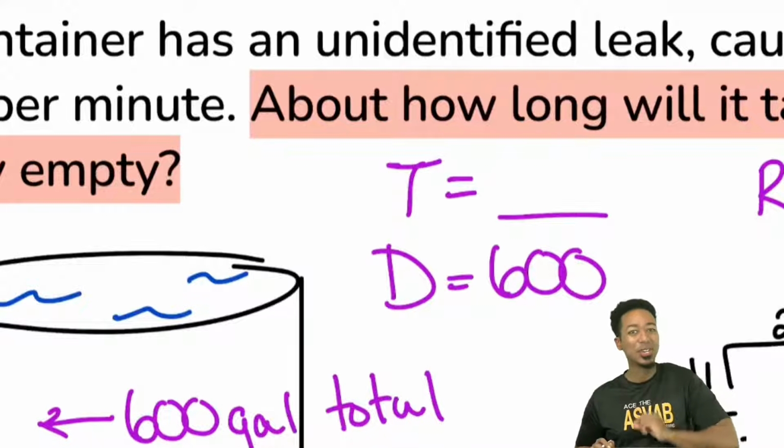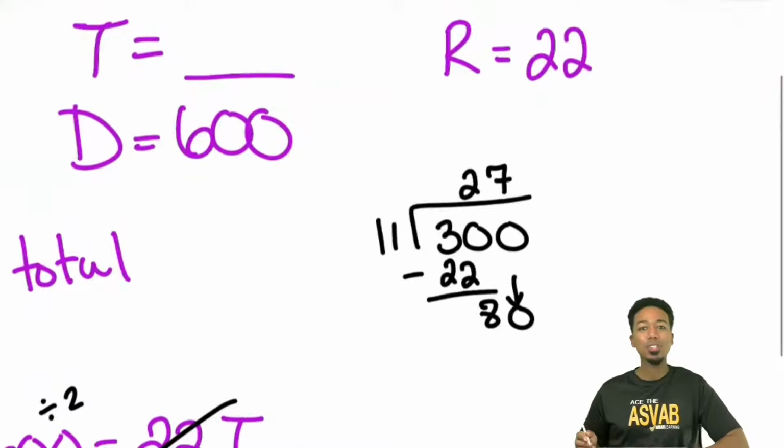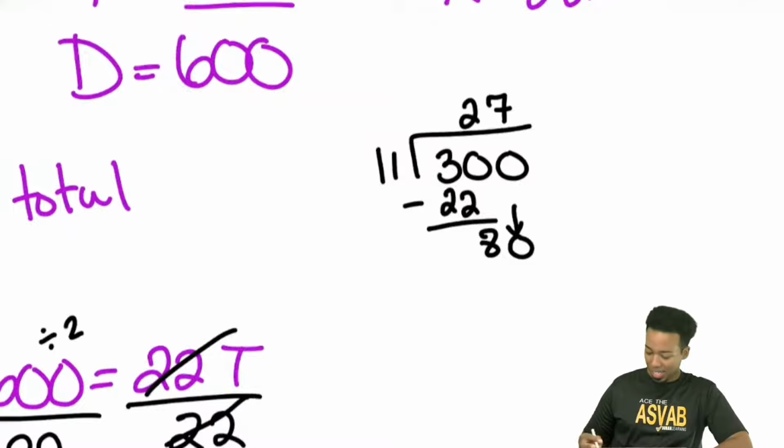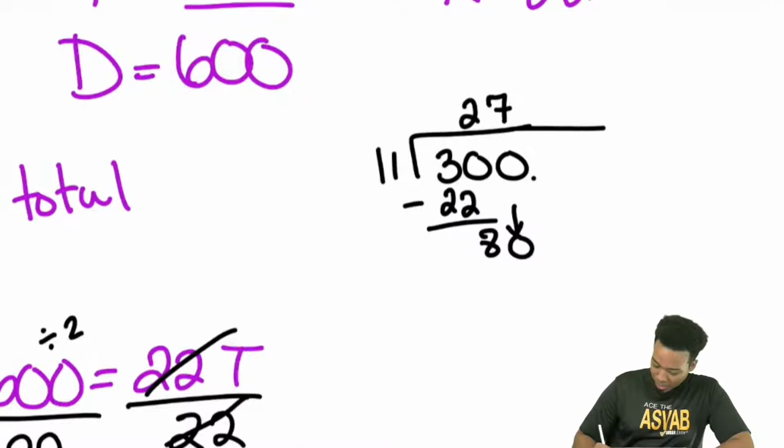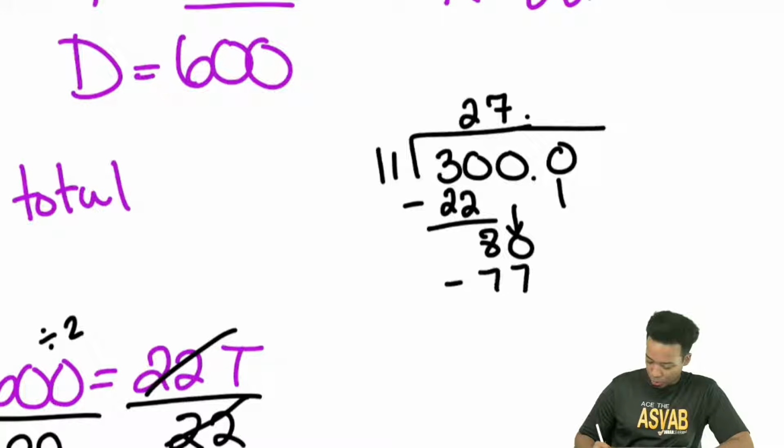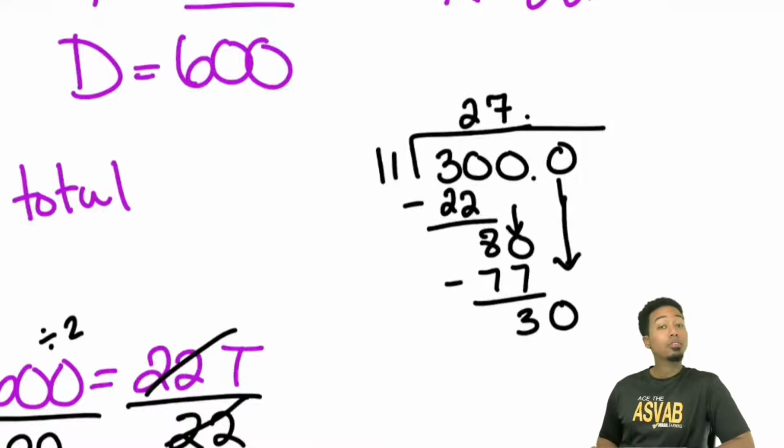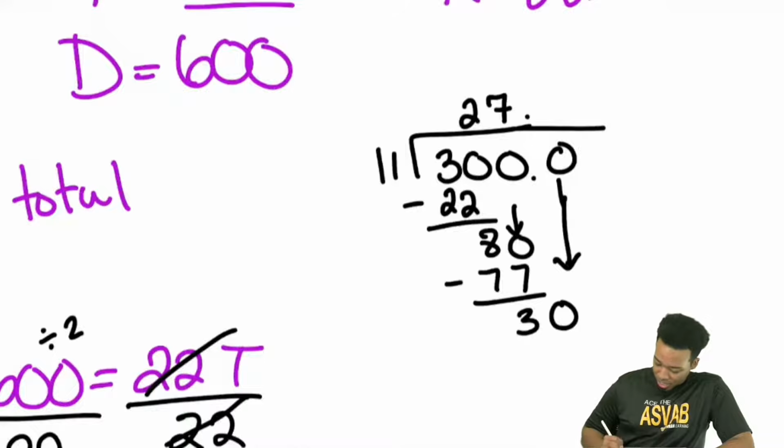Cool. Glad to see that, Nicole. So let's continue here. So 11 goes into 80, like we said, 7 times. We'll put a decimal place there. We'll bring down another 0 after we subtract that. 11 goes into 30. Everybody help me out. How many times? Yeah, just 2. So because of that, let me mark that as red.